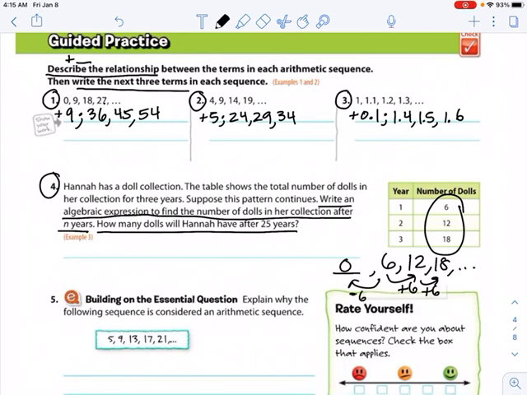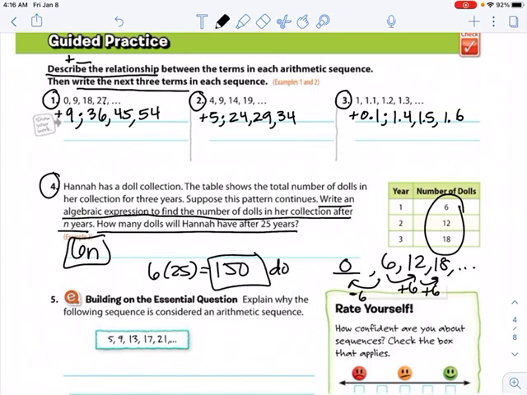So when we write our algebraic expression, it's just going to be 6n. And then to find how many dolls after 25 years, all we need to do is substitute n with 25. And 6 times 25 is 150. So after 25 years, she would have 150 dolls.